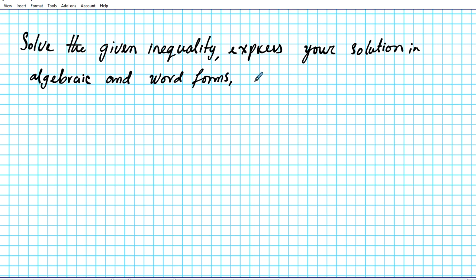And when you're done with that, you're to graph the solution and finally check your work to make sure that it is in fact correct.